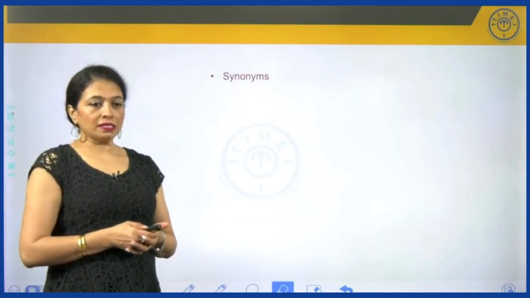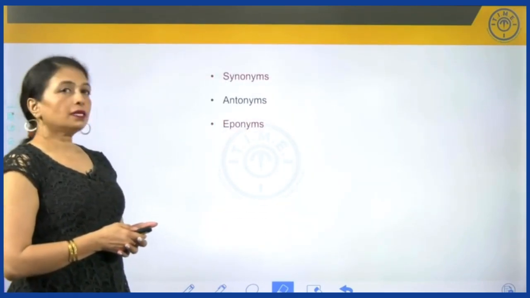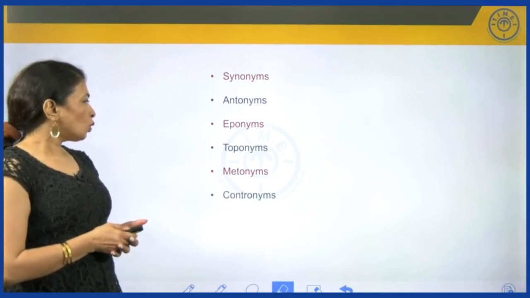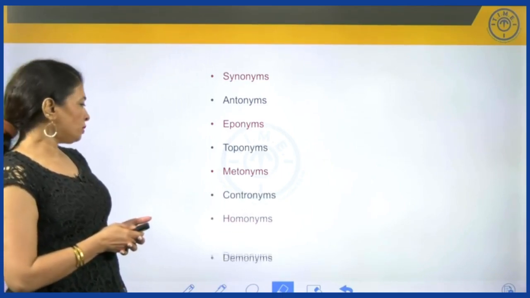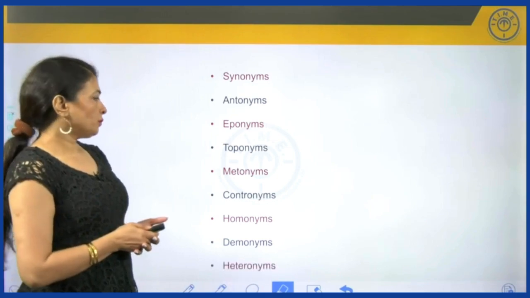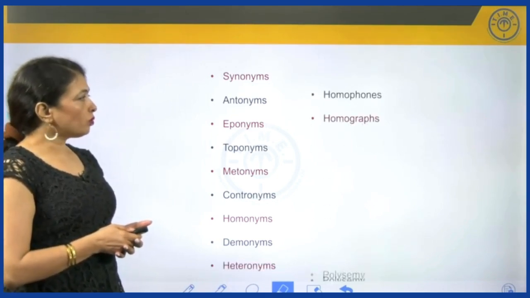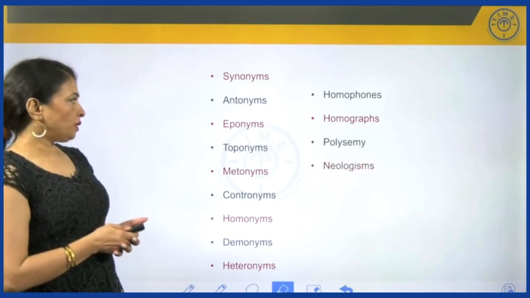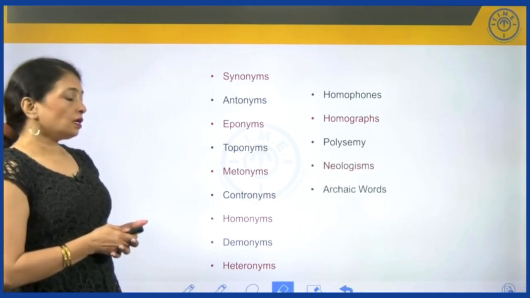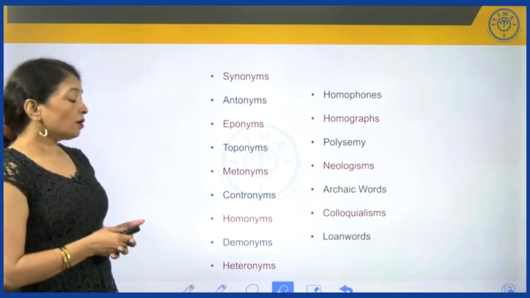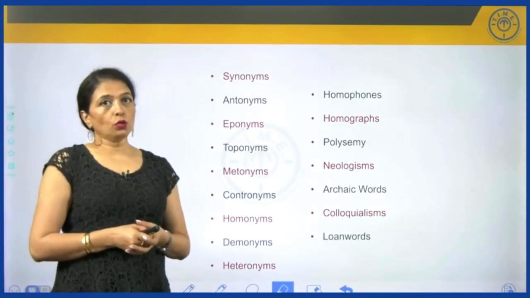We have synonyms, antonyms, eponyms, toponyms, metonyms, contronyms, homonyms, demonyms, heteronyms, homophones, homographs, polysemy, neologisms, archaic words and colloquialisms. Finally, there are also loan words.